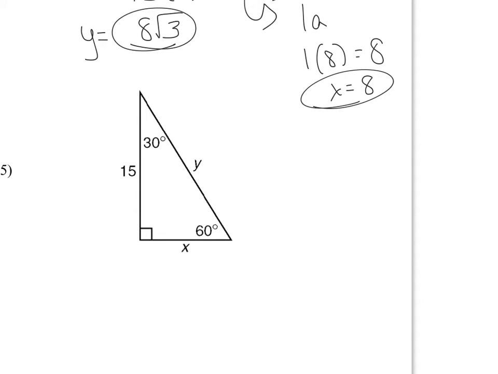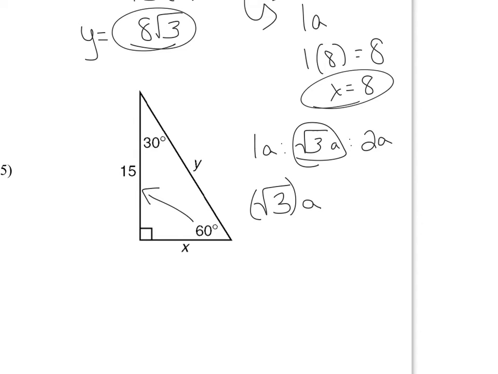Okay, this time it's across from the 60-degree angle. So remember, it's 1a, radical 3a, and 2a. So across from the 60 is this one. So radical 3 times a, remember this is not under the radical, equals 15.